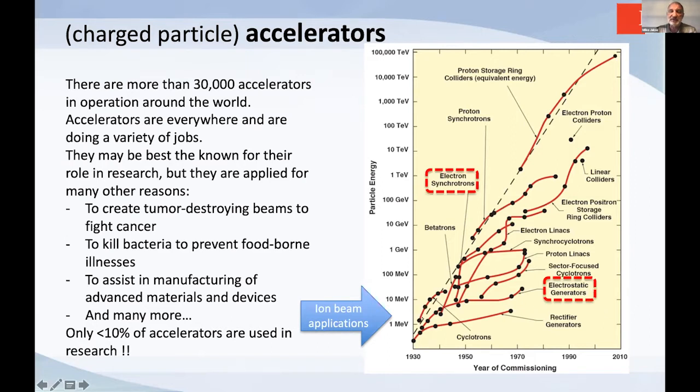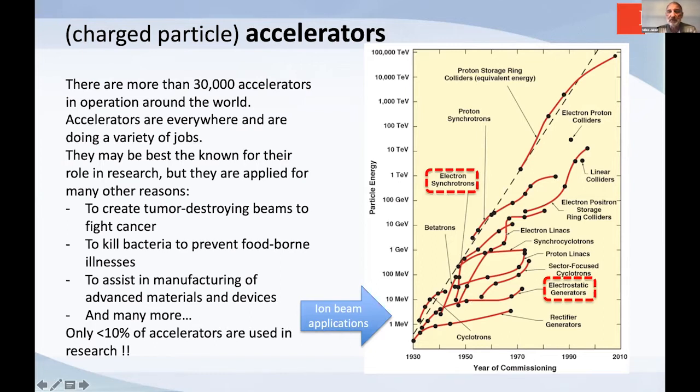The first accelerators were rectifiers and electrostatic generators, which is basically the same principle we work on in our accelerator. You will see that later. And an important part of the HERCULES school is also electrons, actually light sources. These are electron synchrotrons, which are very sophisticated instruments.